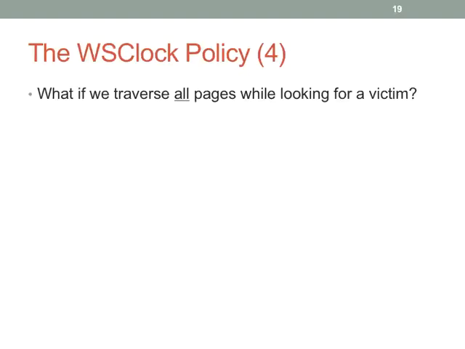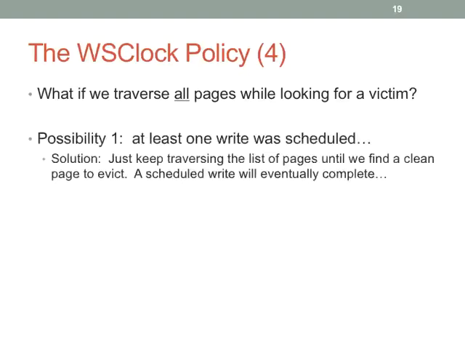But we still have situations where we may not actually find a suitable victim at that point. So we have two possibilities that could have occurred. One is that we did find pages that could be candidates for eviction, but they were dirty. And so we scheduled some write back to the disk.